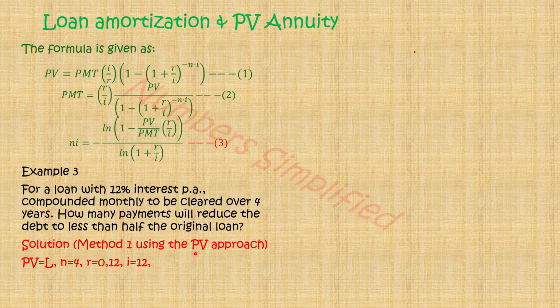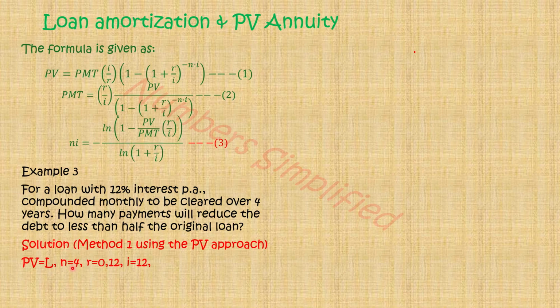Now, as before, let us identify each and every variable that is given to us. Firstly, we know that there is a loan, and in the present value, let's call the value of the loan L. Since we are not given the loan, we are told also that it is meant to be cleared in 4 years' time. So our N is 4.